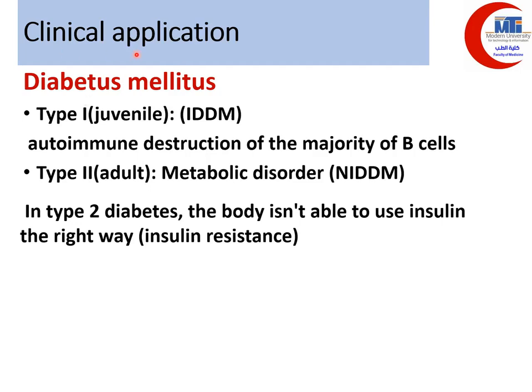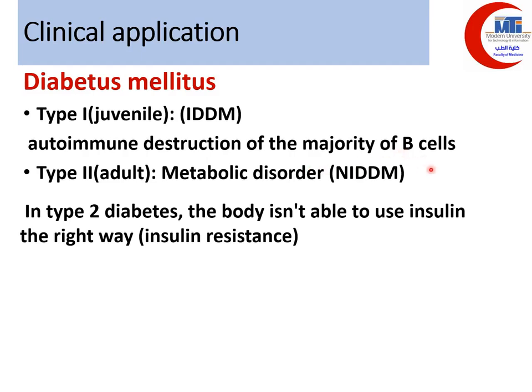Clinical application: diabetes mellitus. Diabetes mellitus is a common chronic disease. There are two types of diabetes, type 1 and type 2. Type 1 is called juvenile diabetes or insulin-dependent diabetes. It's called insulin-dependent as there is autoimmune destruction of the majority of beta cells, as beta cells are responsible for insulin hormone production, which lowers the blood sugar level.